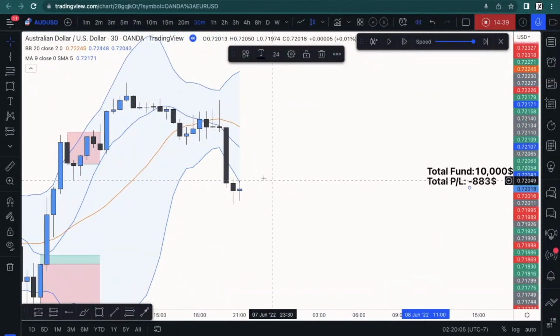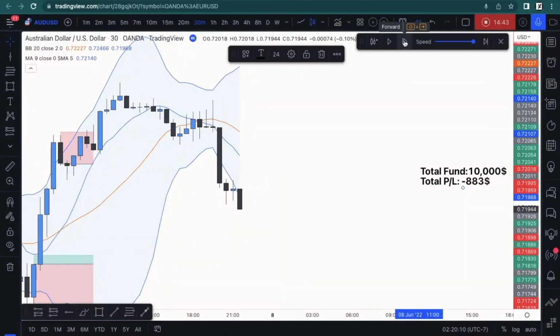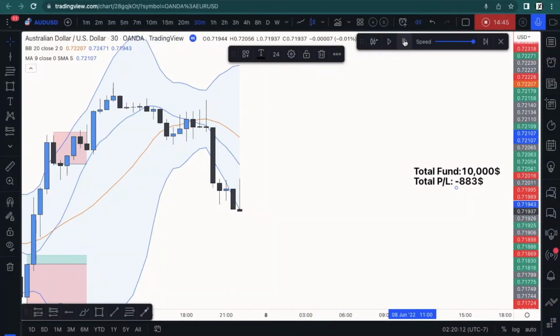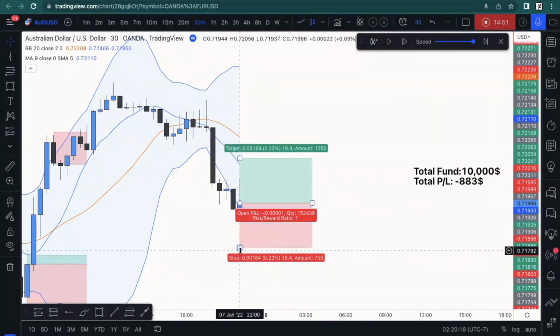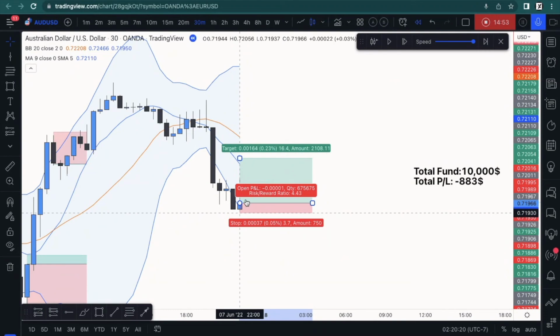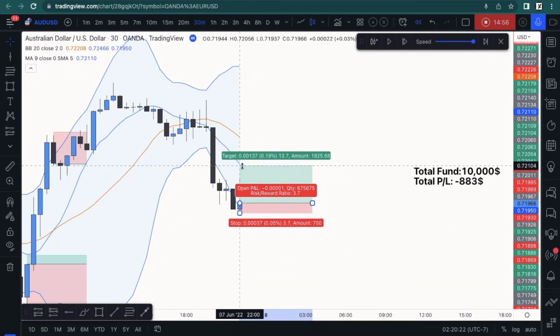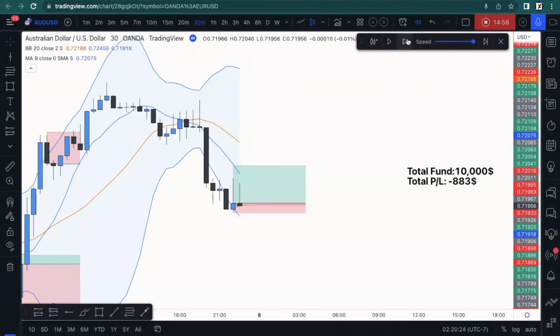Okay, price traded outside. Now we need to look for a price closing inside. And right here we got our entry. Boom, that's going to be our entry. Stop loss to the swing low and TP at the moving average.